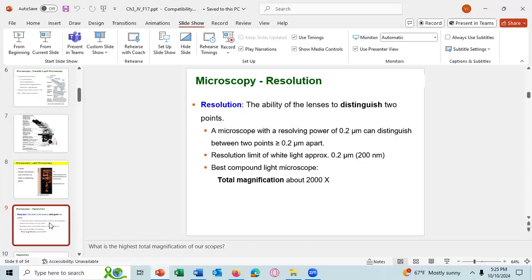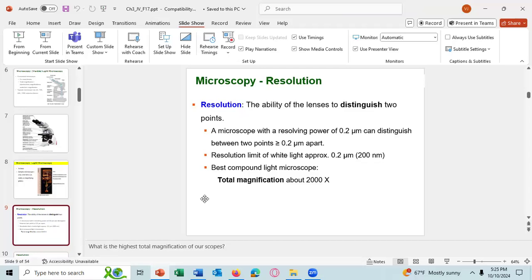And that's because a light microscope cannot magnify any more powerful than this, meaning you can't resolve anything smaller than 0.02 micrometers apart because of the properties of white light. The resolution of white light is around 0.2 micrometers or 200 nanometers. And that has to do with the wavelength of light.